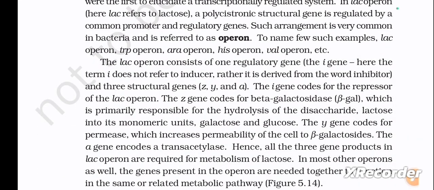The lac operon consists of one regulatory gene, the I gene. Here the term I does not refer to inducer, rather it is derived from the word inhibitor, and three structural genes Z, Y, and A. The I gene codes for the repressor of the lac operon. The Z gene codes for a beta galactosidase, beta gal, which is primarily responsible for the hydrolysis of the disaccharide lactose into monomeric units galactose and glucose.